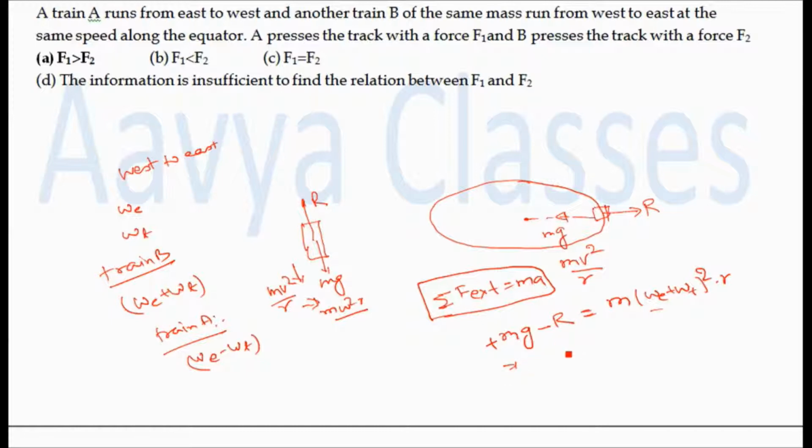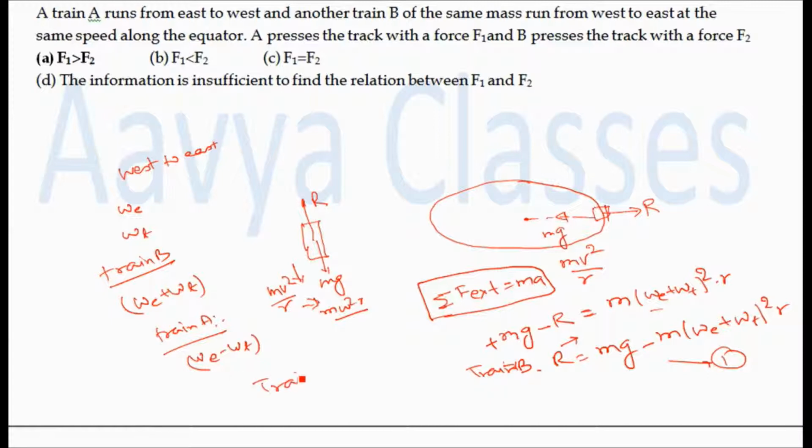This is our basic equation, and if you solve it, the value of R comes equal to mg minus m omega e plus omega t whole square into r, where r is the radius of the earth. So this is our equation 1, and this is for train B.